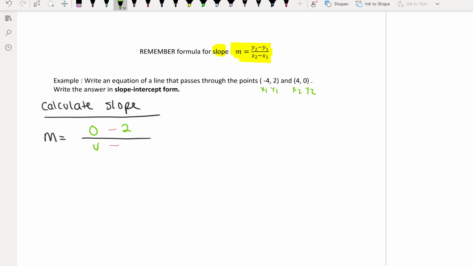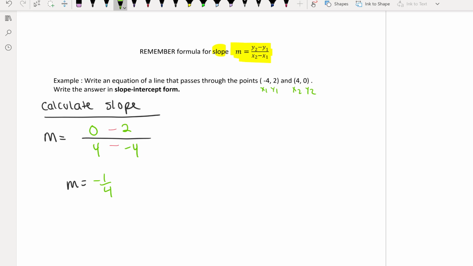My x2 is 4, my x1 is -4. So when I plug the fraction into my calculator, I'm going to have -2 on top, and 4 minus -4 on the bottom, and so I'm going to get that m is equal to, once I reduce the fraction, -1/4. Perfect, I got my slope.